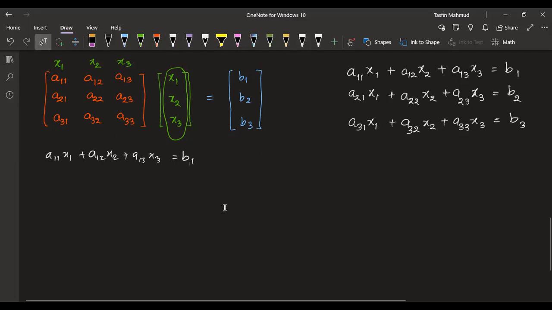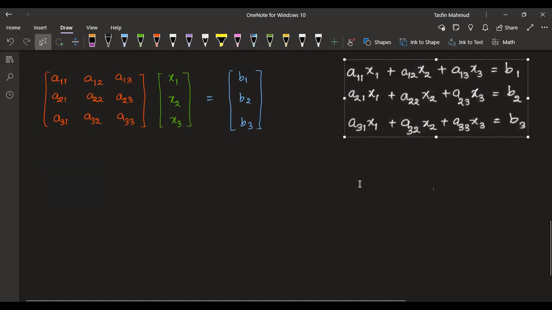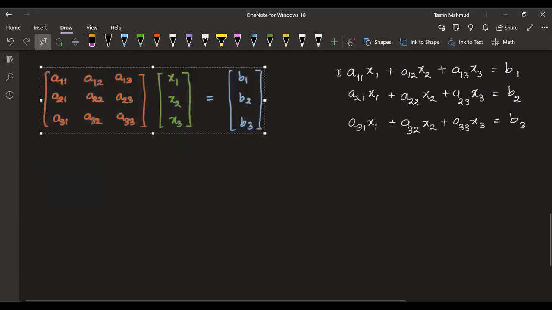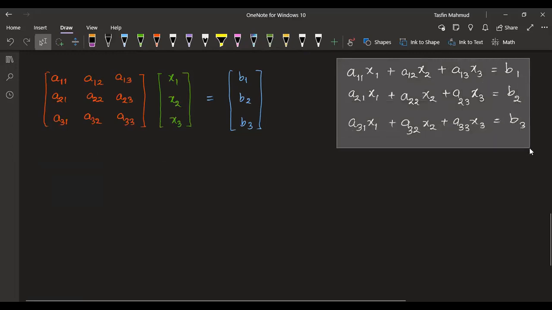So in short, what I'm trying to say is that this is the matrix representation of our system of equations. Okay, so this thing is just an alternate expression of this system of equations.